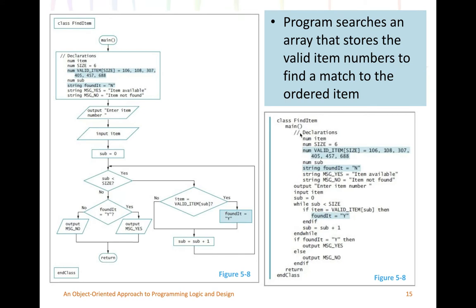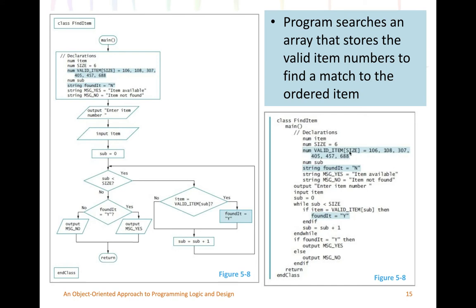So then they have the declarations, and they have several declarations, and this double forward slash comment says the declarations will follow. So they're going to have a number called item. Now, this uppercase SIZE means it's a constant. So the size is going to be 6.